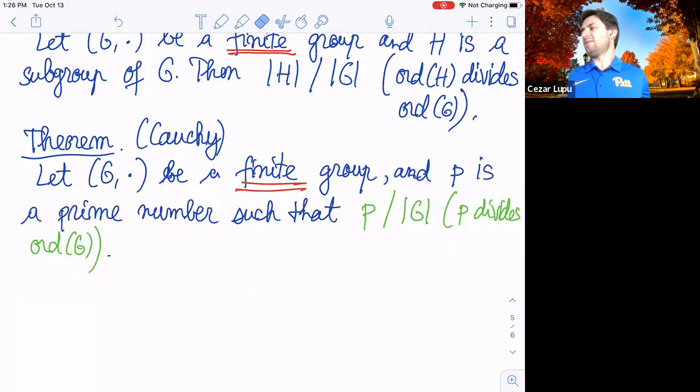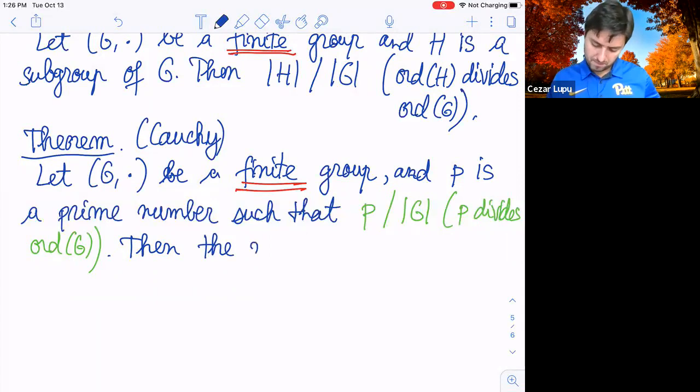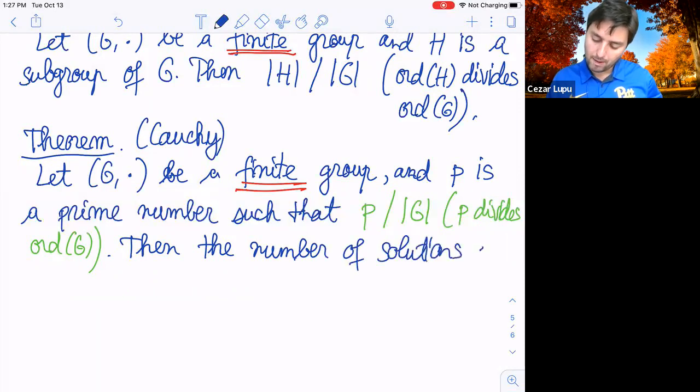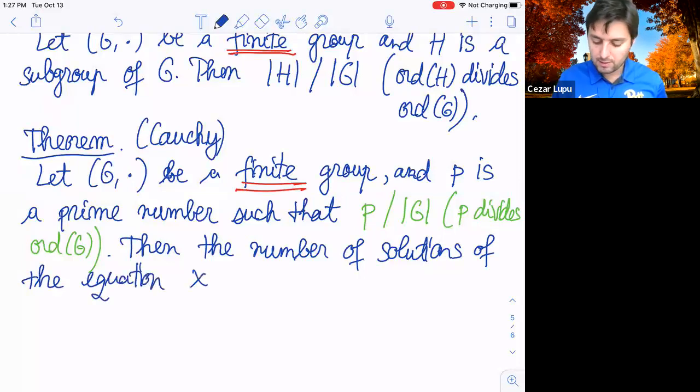Let me restate it in this way and then equivalently: the number of solutions of the equation X to the power P equals the identity is a multiple of P.